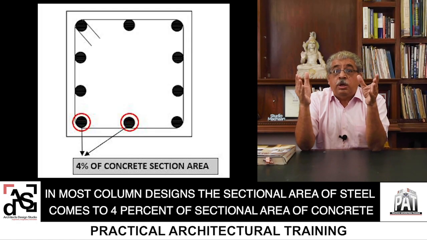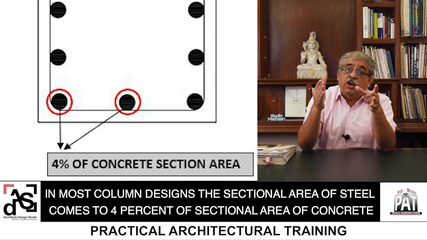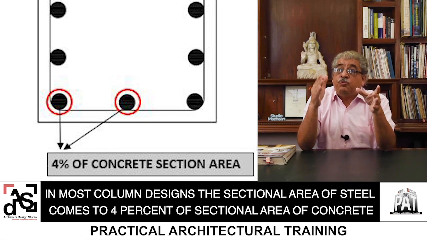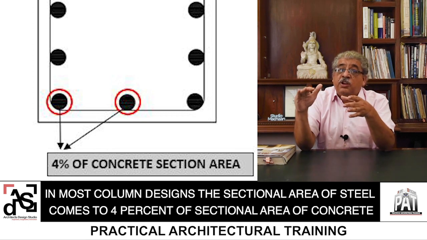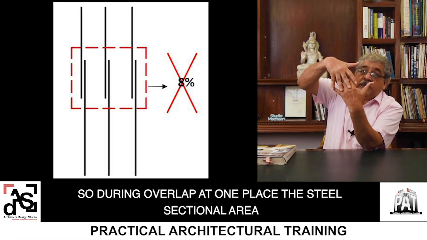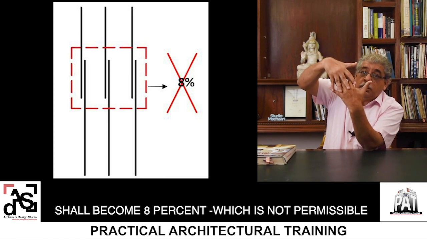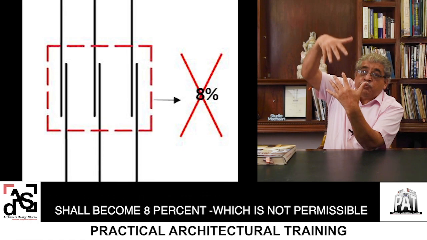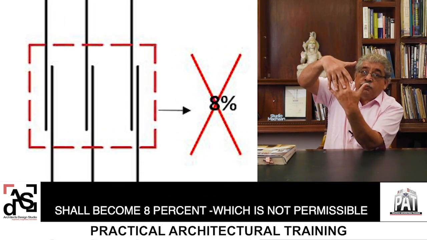In most column designs, the sectional area of steel comes to 4% of sectional area of concrete. So during overlap at one place, the sectional area shall become double, that is 8%, 4 from top and 4 from bottom.